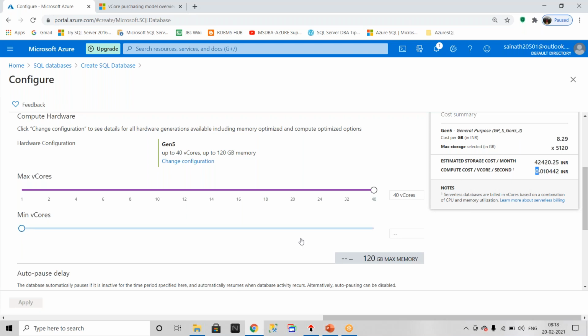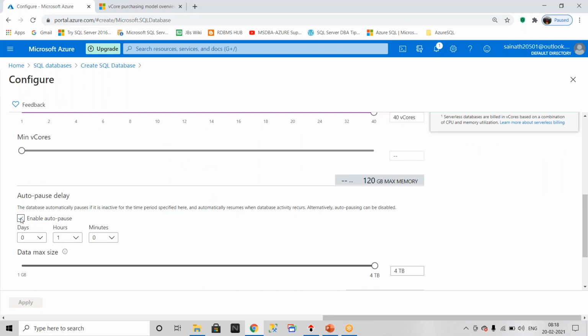Here you can pause automatically. You can enable it per minutes, per hours, per days; you can set it. The database automatically pauses if it is inactive for the time period specified here, and automatically resumes when the database becomes active.